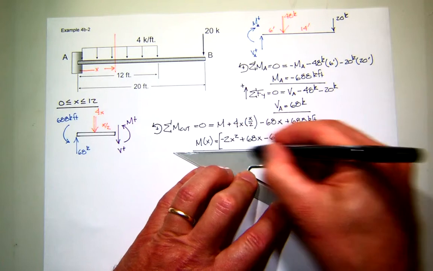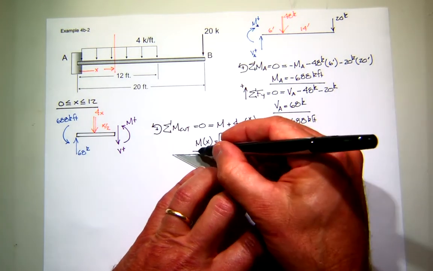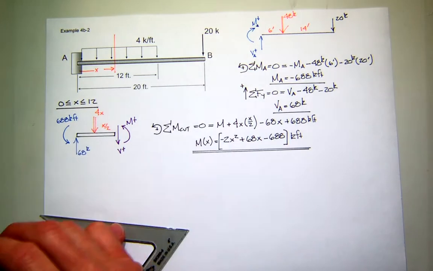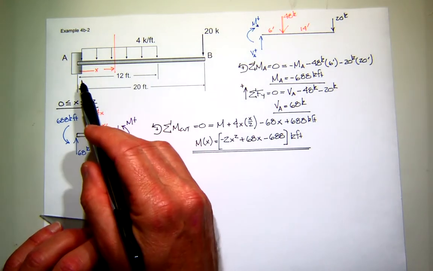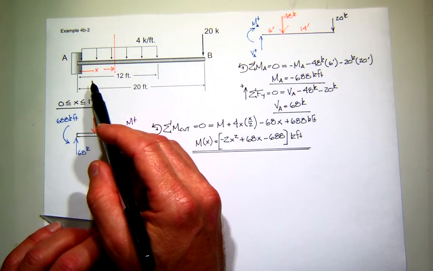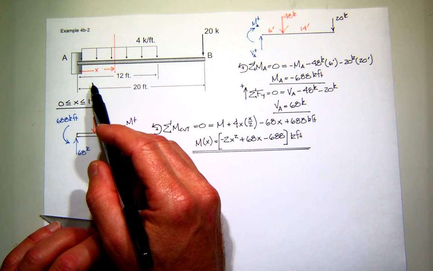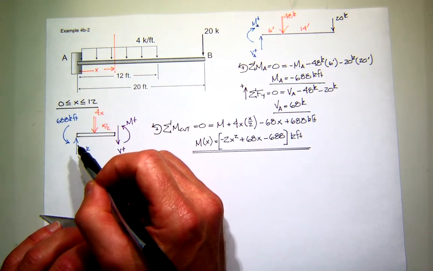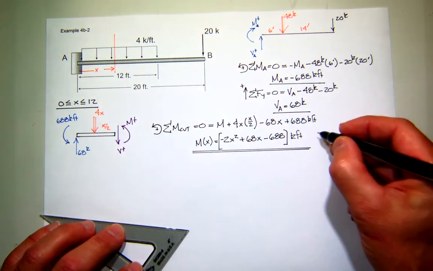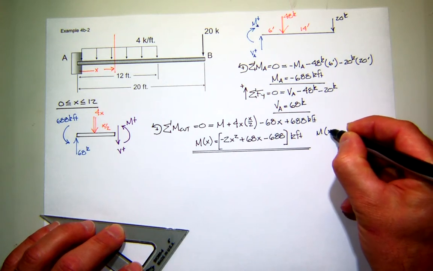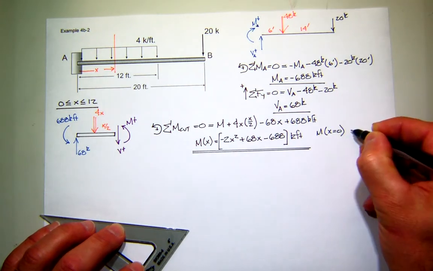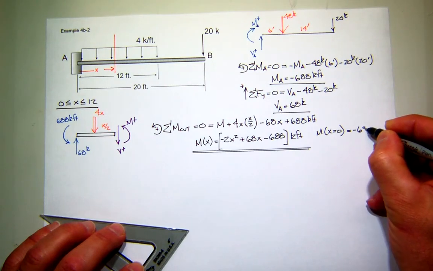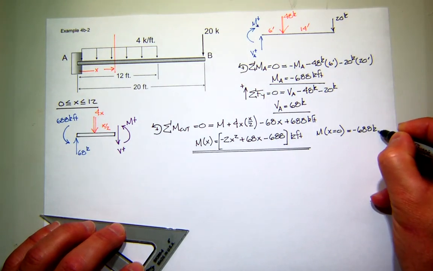So does that make sense? What do we know about the moment between 0 and 12? Do we know the moment anywhere? What is the moment at A? Yeah, so we know that the moment when x equals 0, according to our calculations, should be negative 688 kip feet.